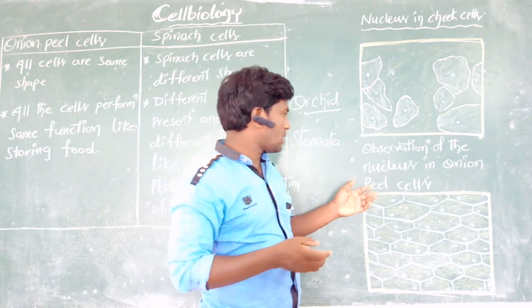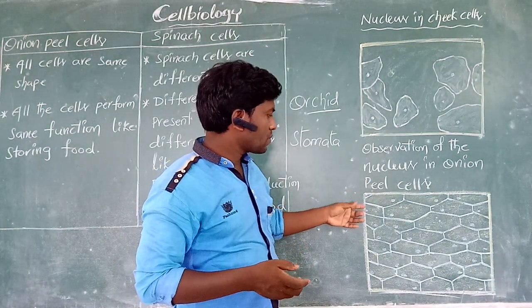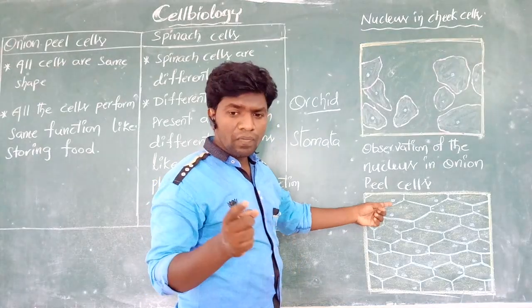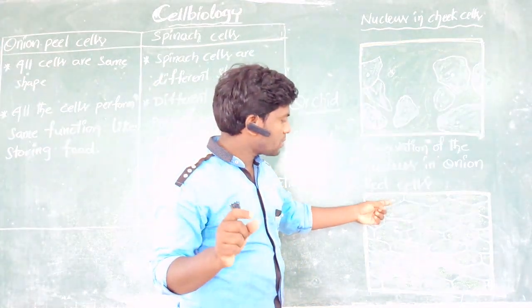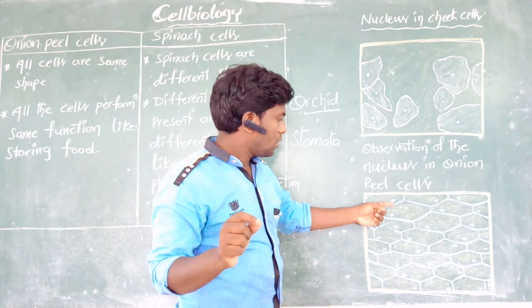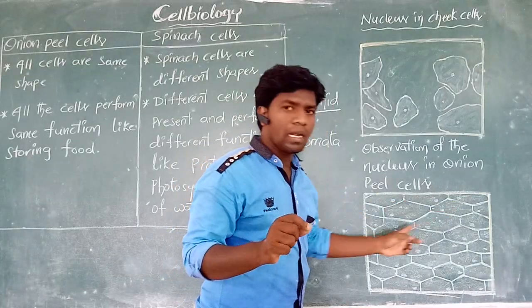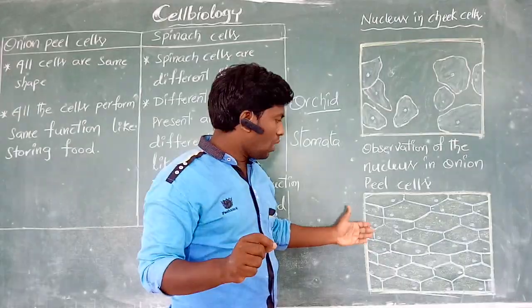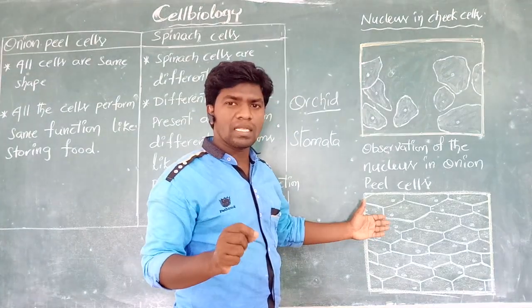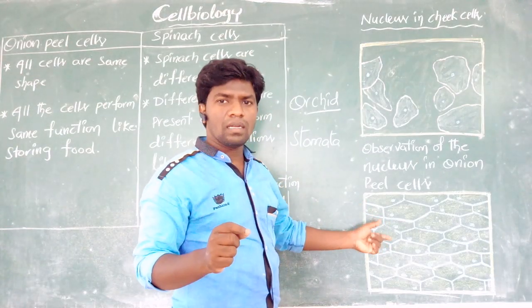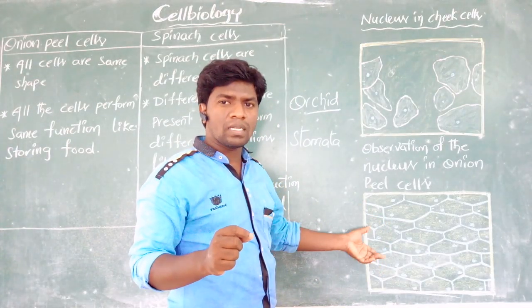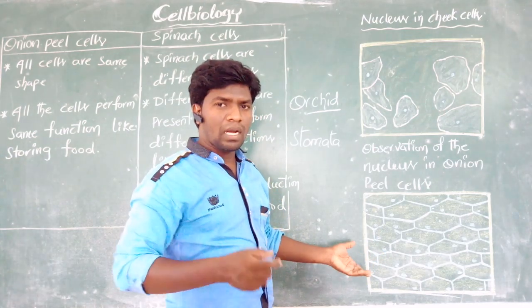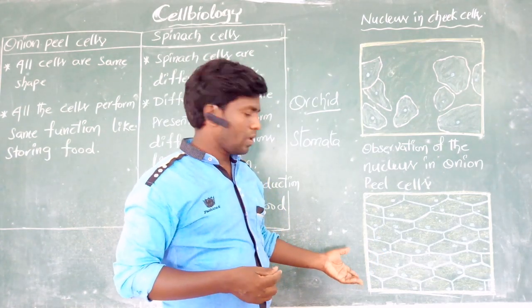This is the structure of onion peel cells. Here a blue color spot is located in the corner of the cell. Maximum of these cells are the same shape, rectangular shaped structures appearing under the microscope.